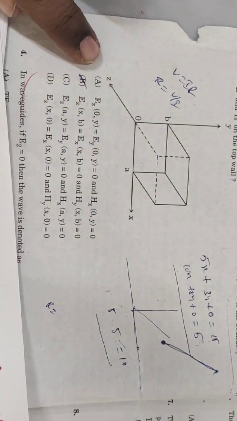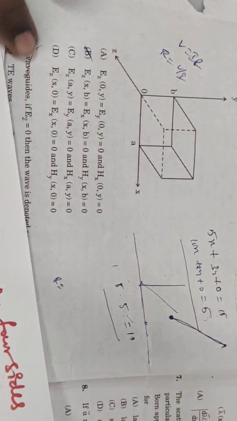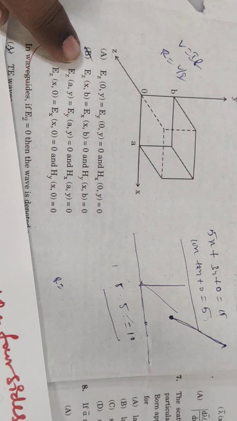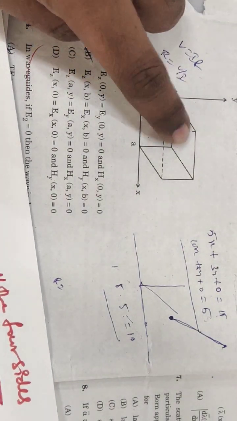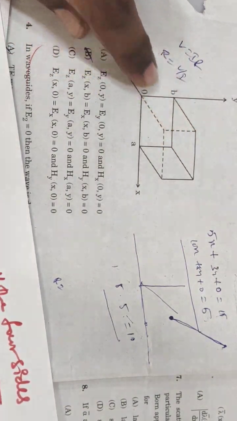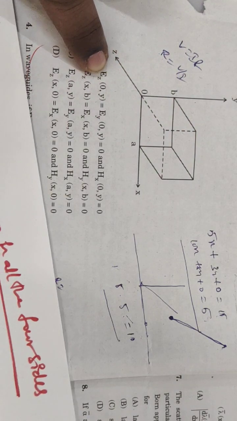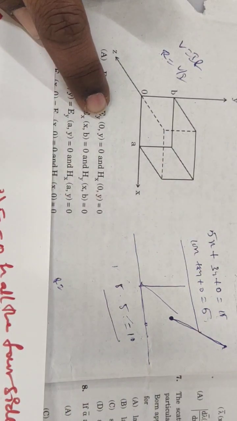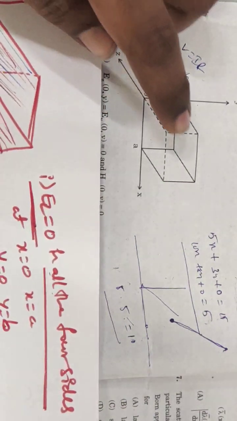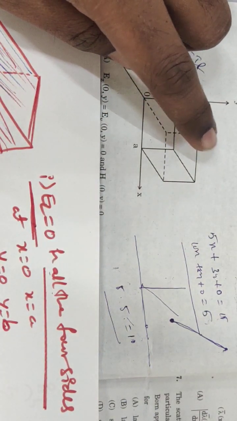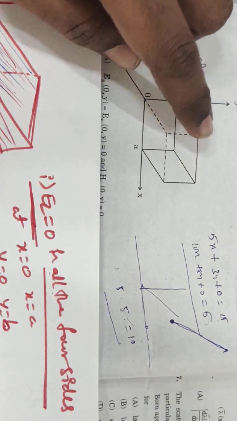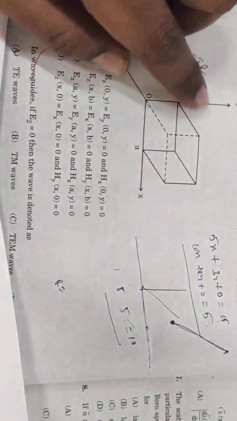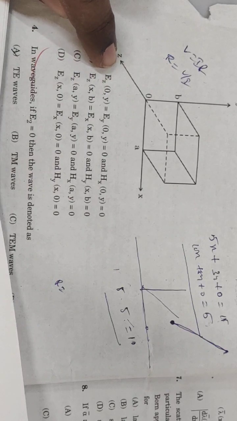In the question, four options are given, and you have to choose the right one, and they asked only for the top side. Ez is equal to 0 on all four sides. Ey is equal to 0 is not applicable here, because Ey is equal to 0 only for the side walls, so that is not the correct answer.